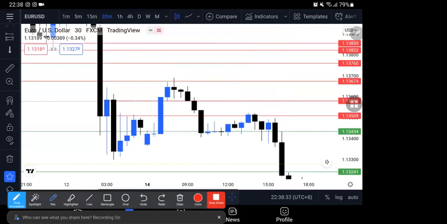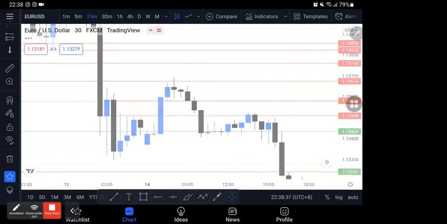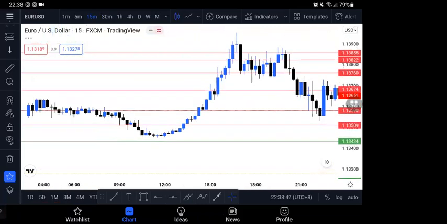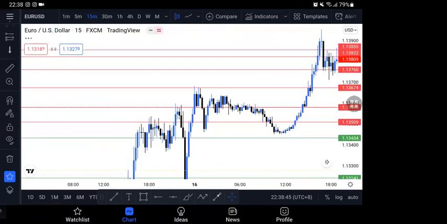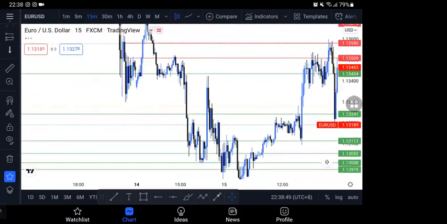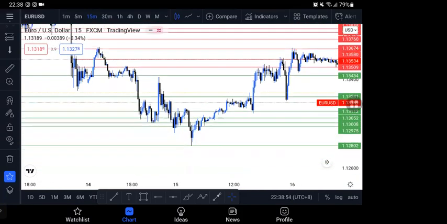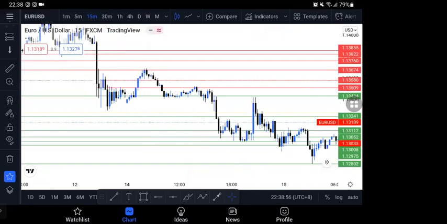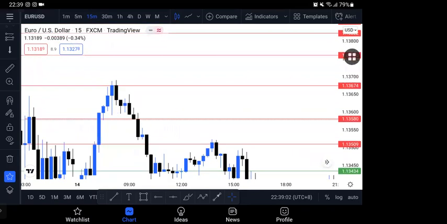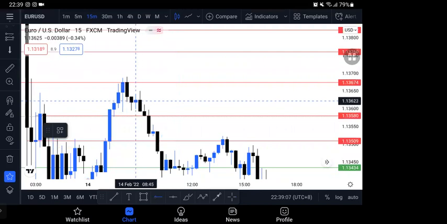Okay, we gonna drop down to M15 where the buy bias is. Okay. We have the bias over here.